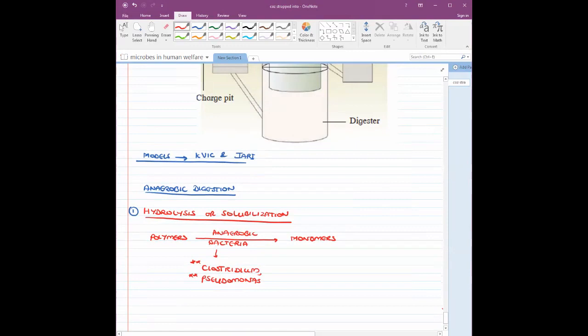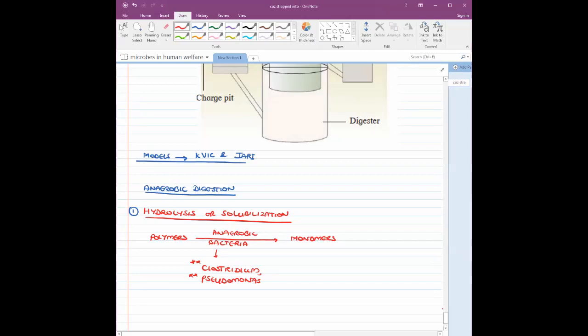If we are talking about carbohydrates, then this is going to be simple sugars, either glucose, fructose, or galactose. If this is protein, then this is going to be amino acids. If this is fats, then this is going to be fatty acids and glycerol. So this is how it is going to be.